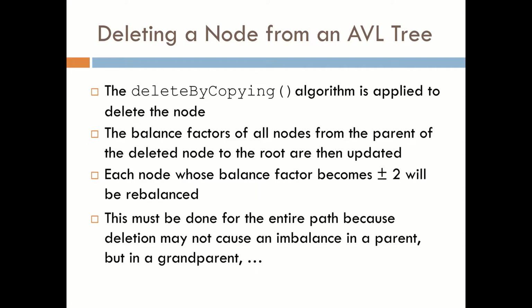Okay, and as we perform this, remember, we're going to be processing these nodes with a recursive function. And so as the recursion unwinds, we're going to unwind all the way back from where the insertion or deletion took place, all the way back to the top of the tree, and we will fix any imbalance. We'll fix the first imbalance that we encounter, and that will actually repair any imbalances above it.